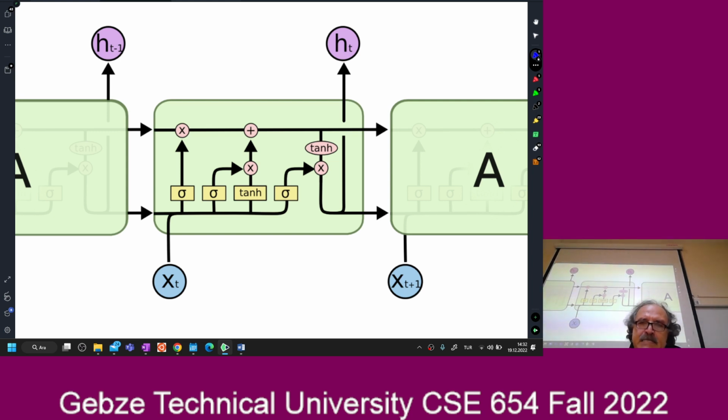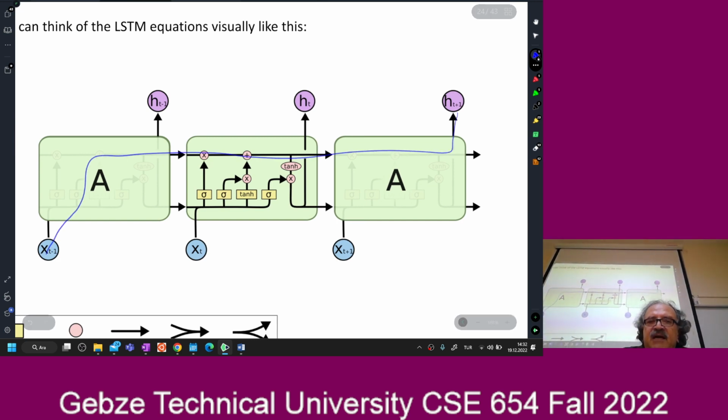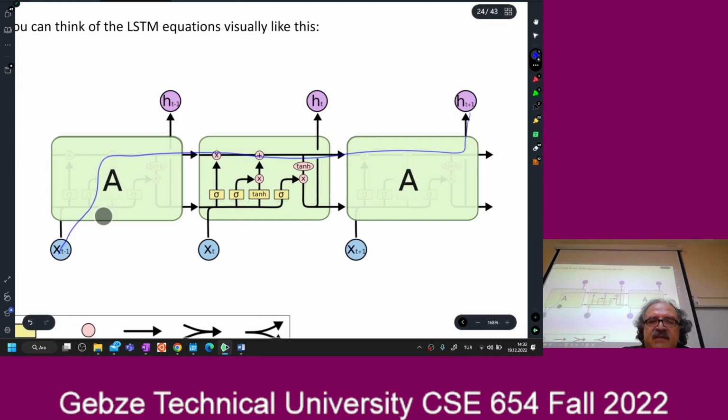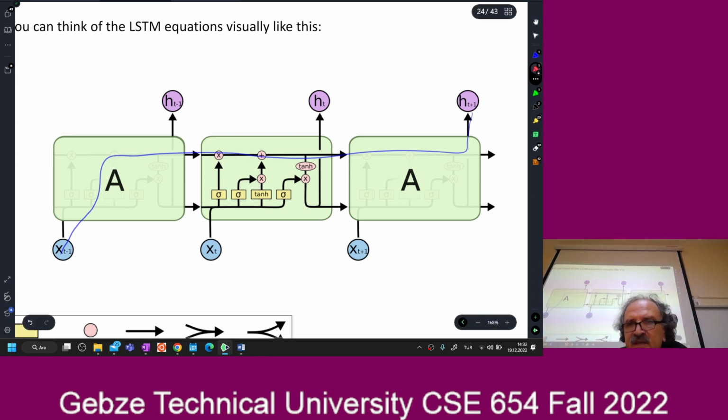By the way, when I say there is a direct line between this and this, and that direct line goes through only one set of gates, that's not exactly true. This one is going on too, right?